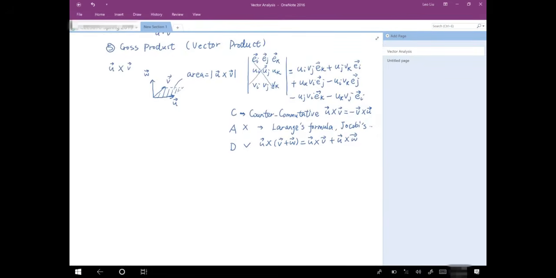And there are two more things. We have something called scalar triple product.